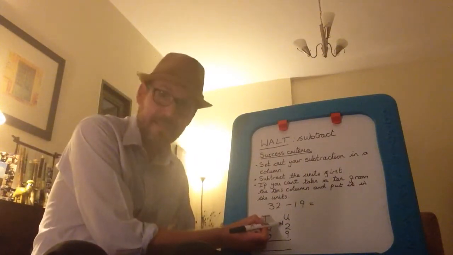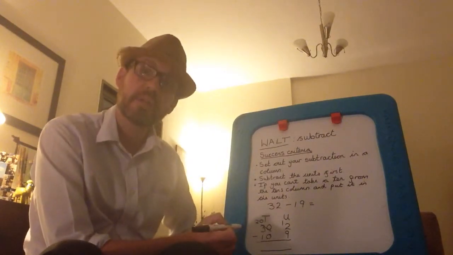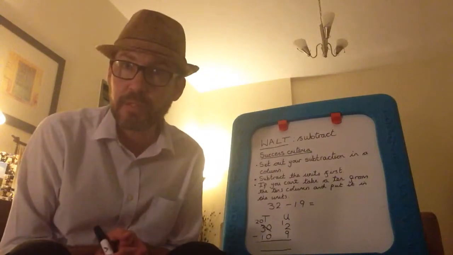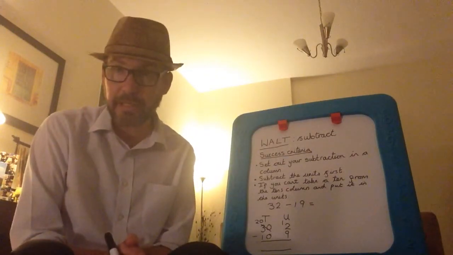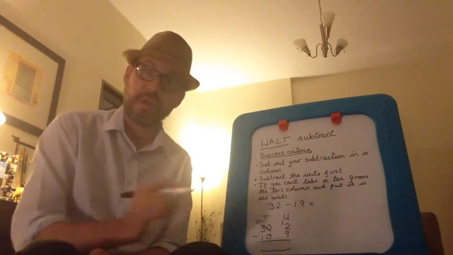Remember that that is worth 10, and the 2 together is going to make 12. Well, now we can do it, can't we? Because 12 is a bigger number than 9. So we can say 12 subtract 9.